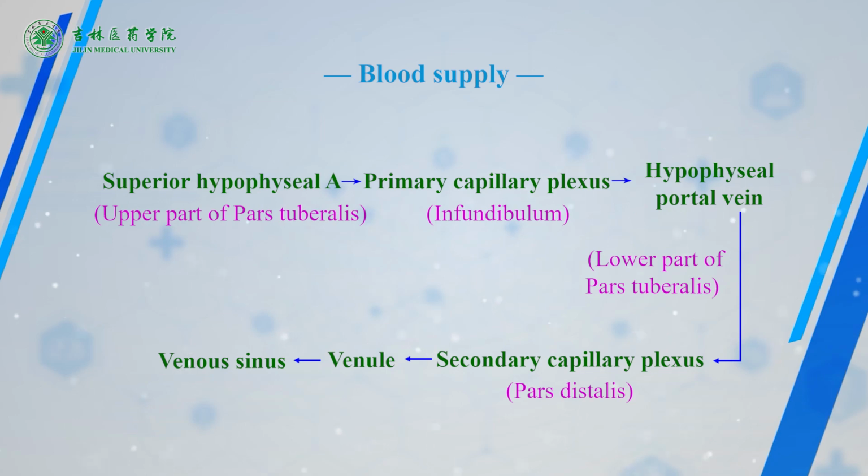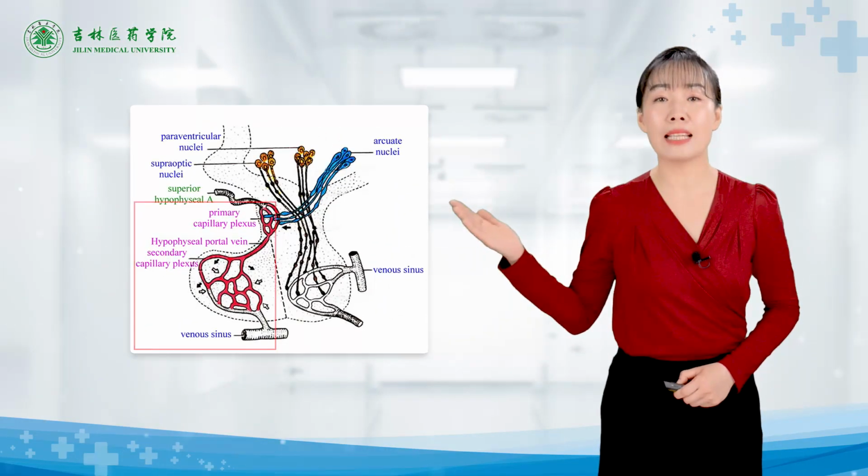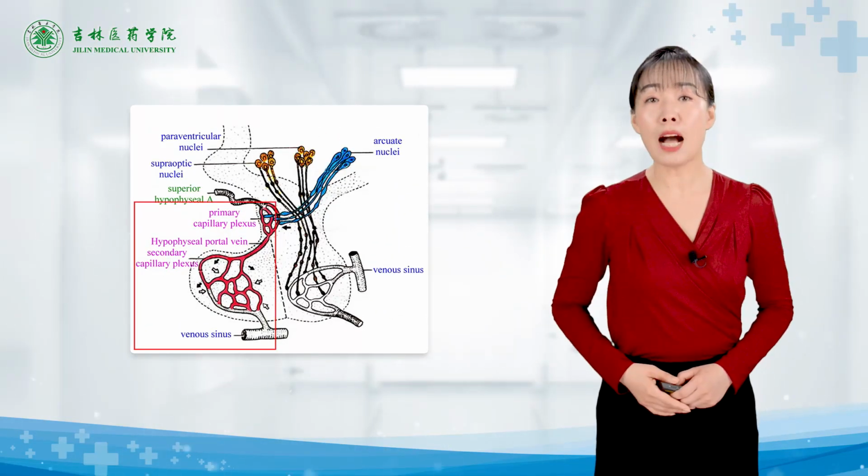They then rejoin to form several hypophyseal portal veins at the lower part of pars tuberalis. Hypophyseal portal veins penetrate into the pars distalis and form the secondary capillary plexus, then form venules and venous sinuses and leave the hypophysis. This is the blood supply of the adenohypophysis.